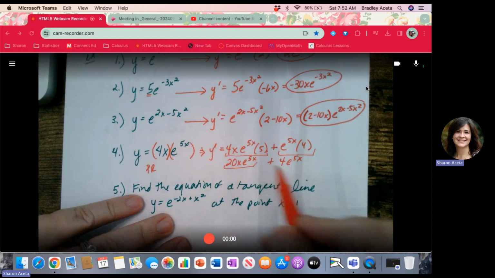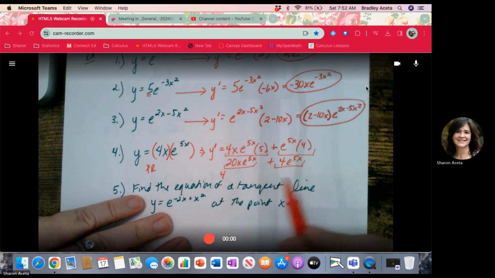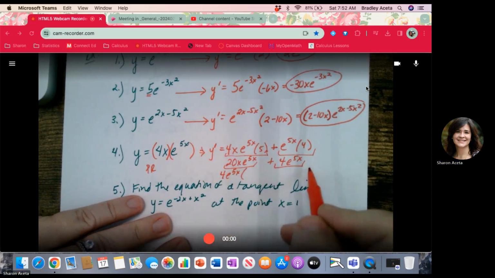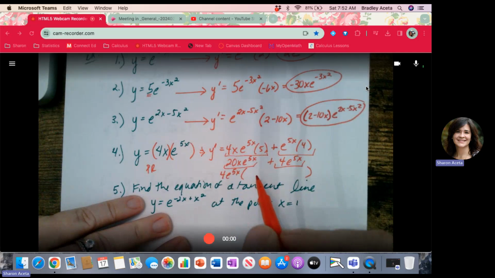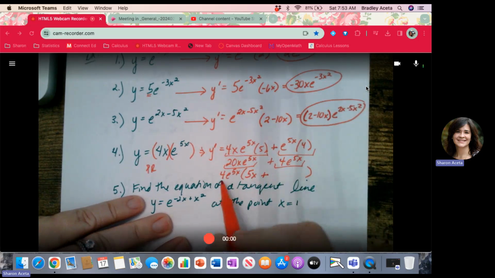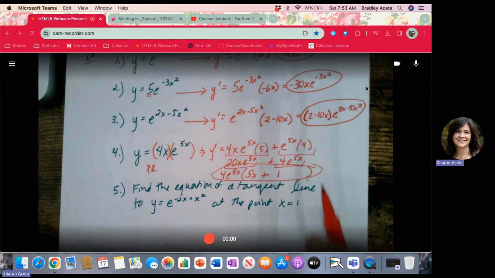From here and from here, we can factor out. Let's look at the numbers of 4. And I can factor out an e to the 5x. And then let's see what I would be left with. Well, 4 from 20 is 5. We still have the x. Those cancel. Now we're switching groups, so put a plus. And 4e to the 5x from 4e to the 5x would be 1. So either of these work, but this is a more factored form of it, but either will work. You'll still get full credit there.